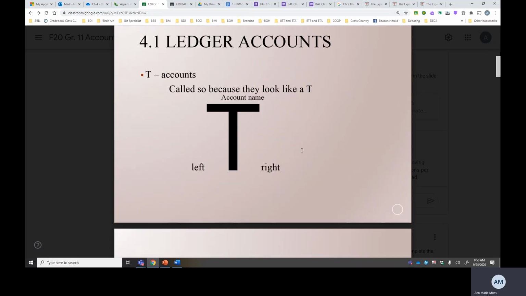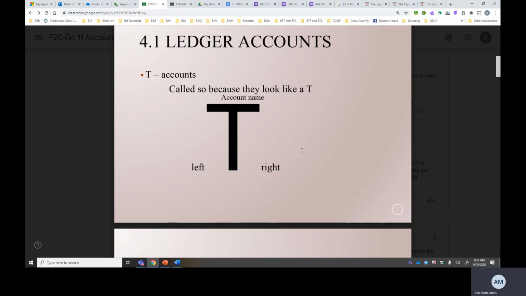T accounts are called T accounts because they look like a T. You've got the account name at the top, a T, and then a left side and a right side. The left side is the debit side, the right side is the credit side. If you open your textbooks to page 89, you'll see a selection of T accounts.